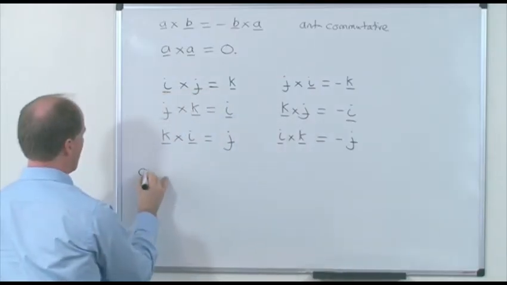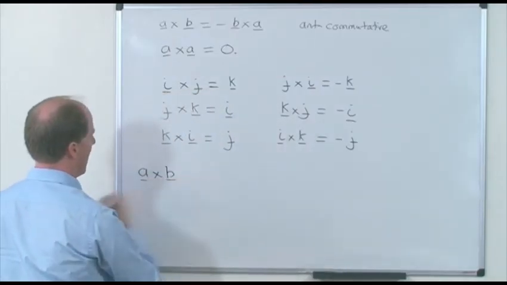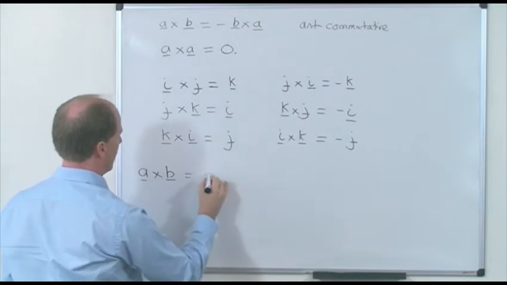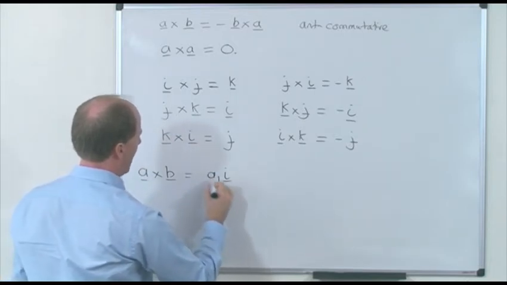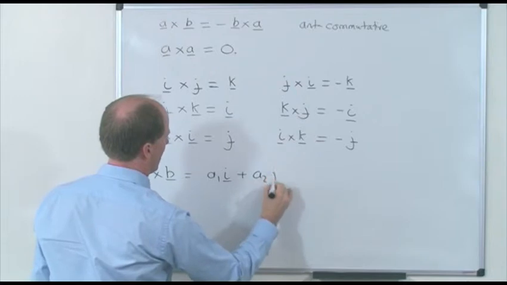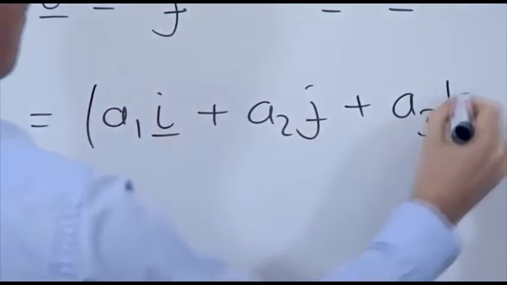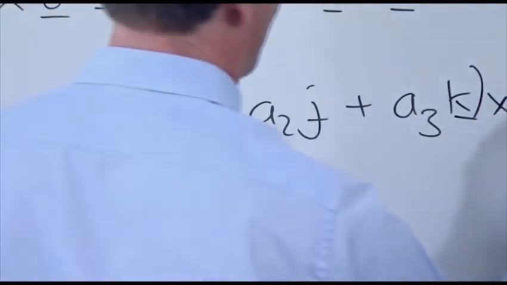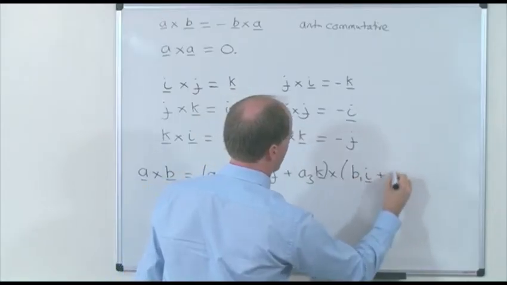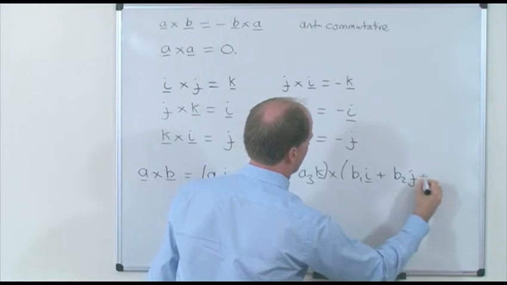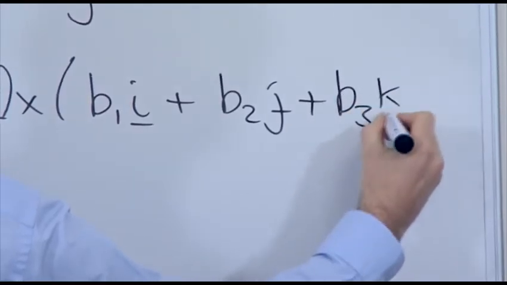So now if I want to form the cross product between the vectors a and b, written out in coordinates, so that's a1 i plus a2 j plus a3 k, crossed with b1 i plus b2 j plus b3 k.